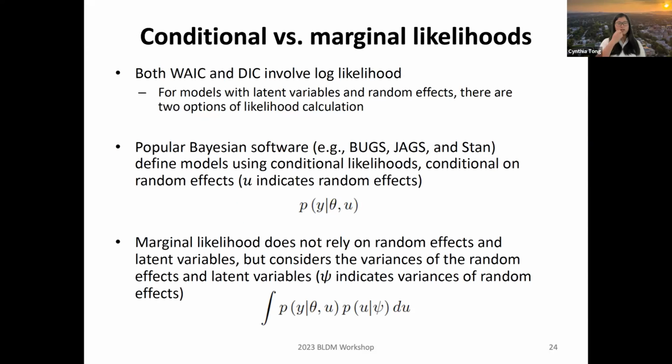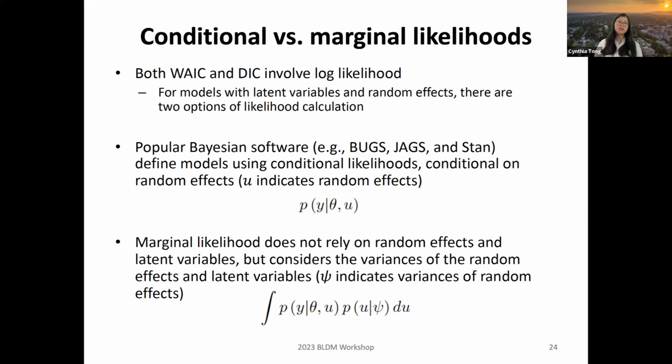As I mentioned earlier, both WAIC and DIC calculations involve the log likelihood. Okay, and those log likelihoods can be calculated in 2 ways, which are conditional likelihood and marginal likelihood. For models without latent variables, for example, if the model is just a regression model, then the conditional likelihood and marginal likelihood are actually the same thing.